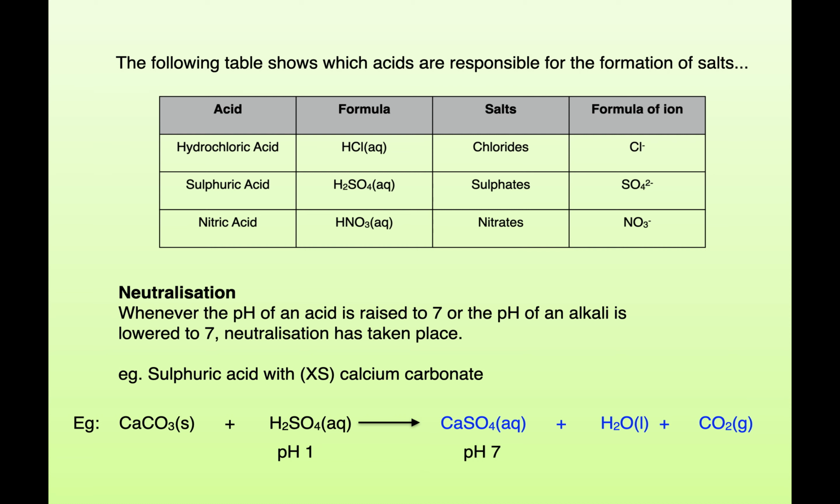Calcium carbonate can be used in different contexts to neutralize acidic solutions, even solids, and sometimes gases. Okay, try the questions, read the pages, and let that information sink in.